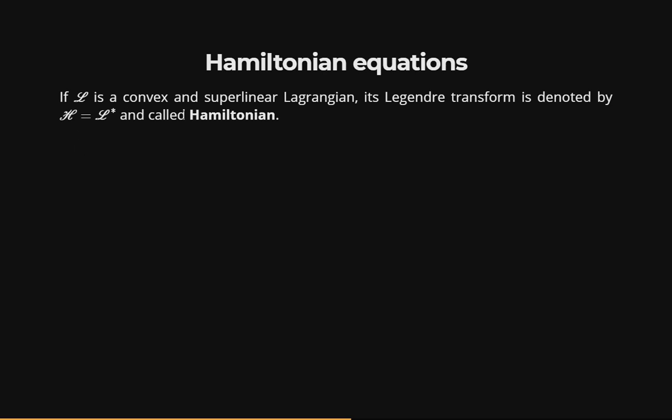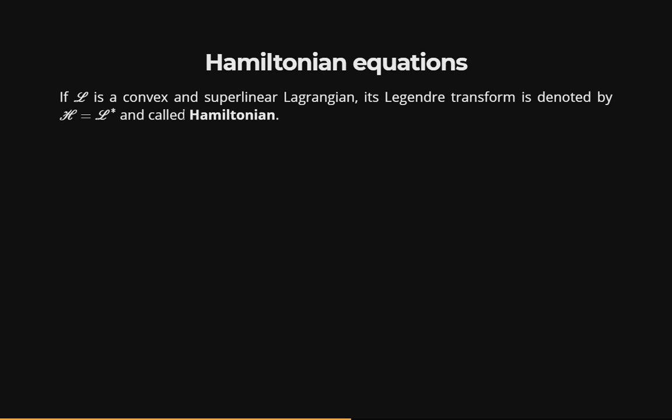So the Hamiltonian is like the Lagrangian, but it uses position and the cotangent vector. Now, the cotangent vector in physics is given the meaning of momentum. For us, it's just a cotangent vector, but usually in physics it's called momentum.